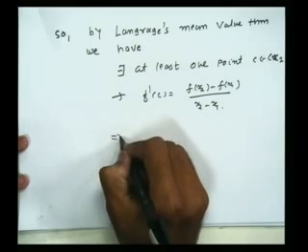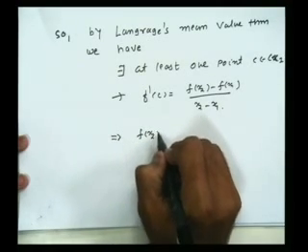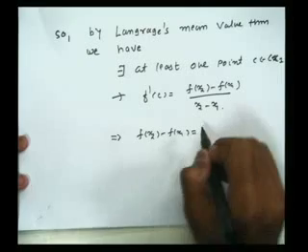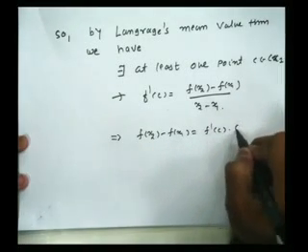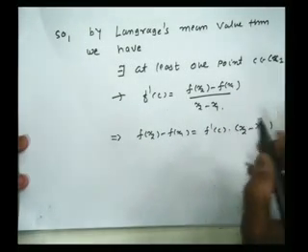It implies that f of x2 minus f of x1 is equal to f dash of c into x2 minus x1. Give this equation number 1.